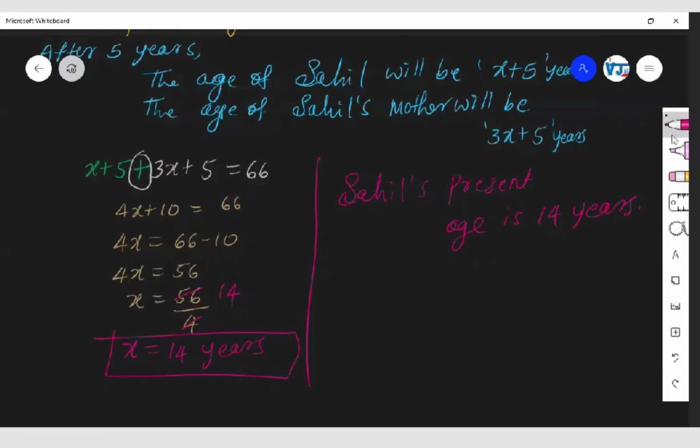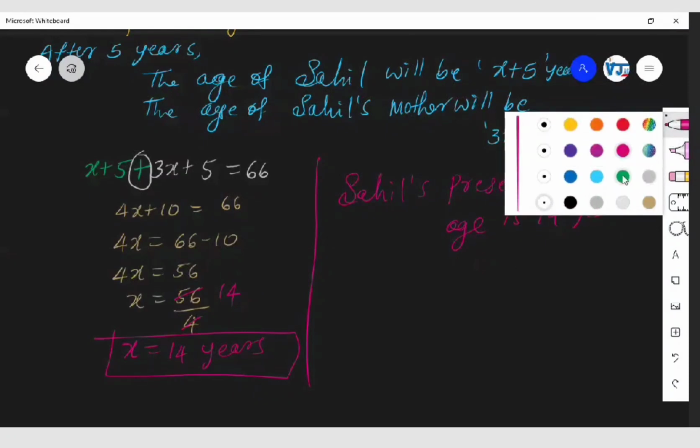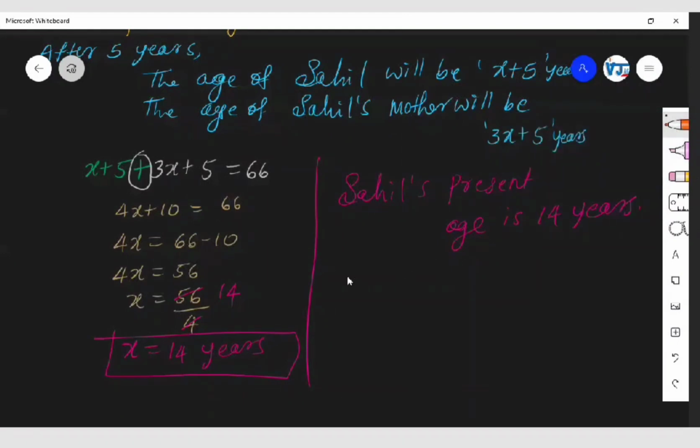Very good. His mother's age is 3 into x. Yes, 42 years. So is that clear?